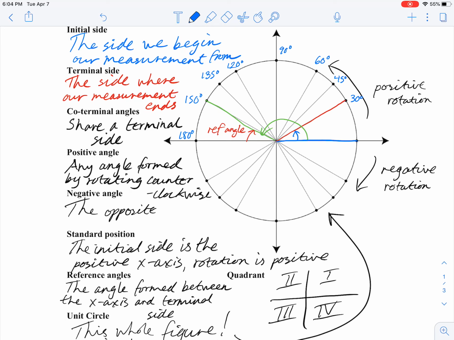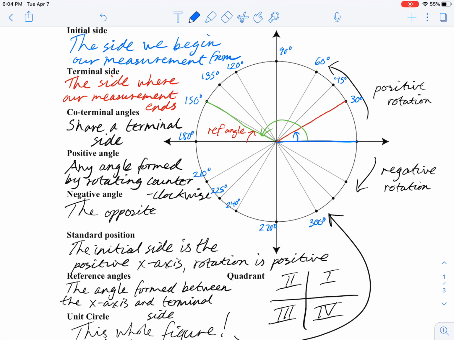We can continue on labeling our circle as we go. Of course, our start position is 0 degrees, and it's also 360 degrees.